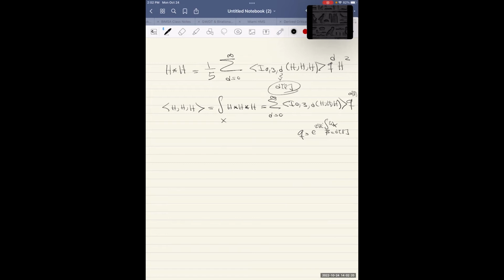If you do this computation, you can see H star H is the 3-point function times 1/5 H squared. So the quantum product is written in terms of the 3-point function. This is a very important thing.